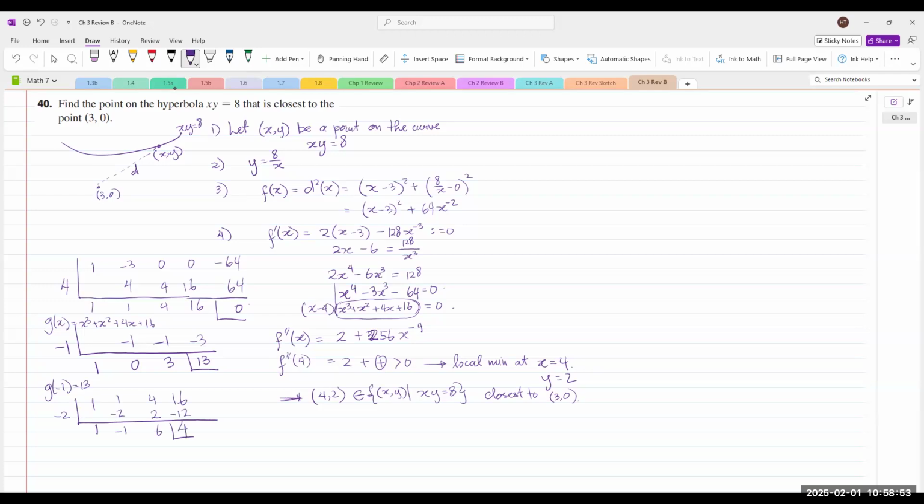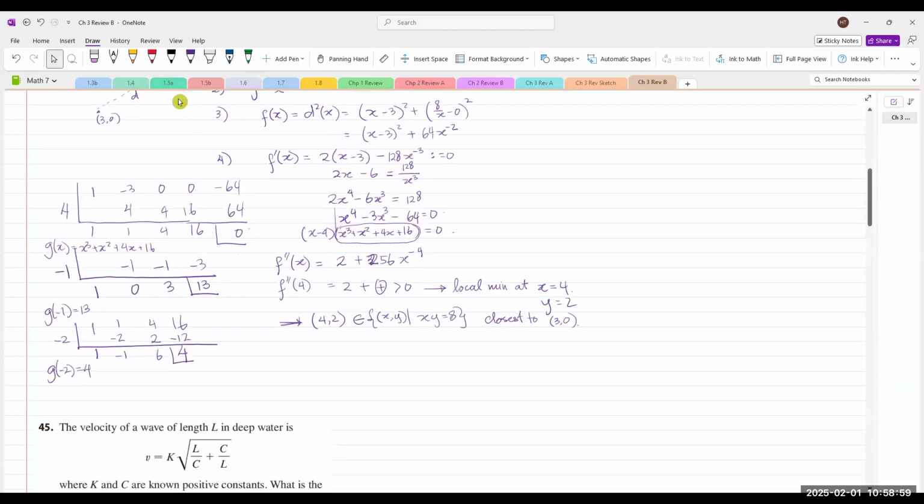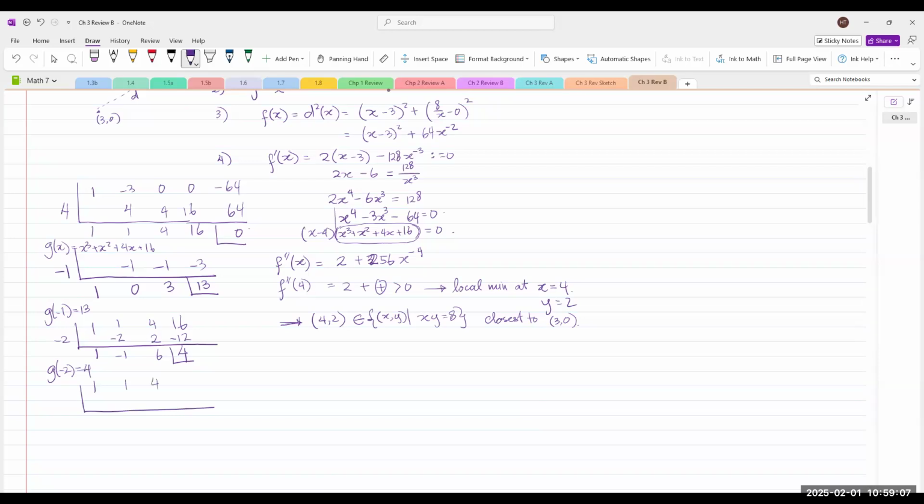So no, there's nothing between. g(-2) is positive 4. How about g(-4)? This is 16, negative 64. Yeah, that's very negative already. Okay, how about 3?